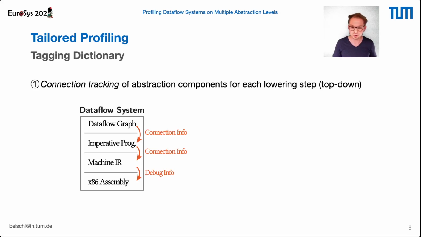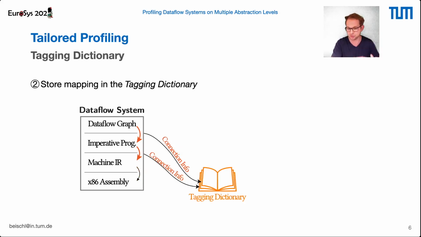Now, what we do is, during the lowering process, we already have all information available to connect the components of the different abstraction levels from the dataflow graph down to the generated lines of code. But we usually just drop this information. Therefore, with tailored profiling, we preserve this connection information and then store this information in a central tagging dictionary.